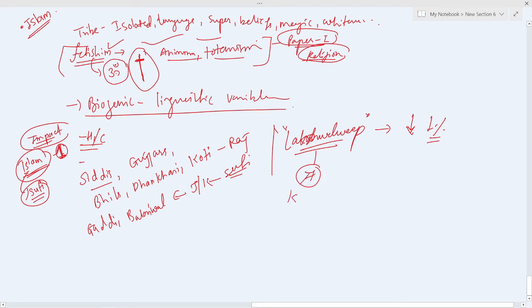For example, Koya, Malmi, Thakru, etc. And the matrilineal tribes have converted into patrilineal tribes. Patrilineal structure and male authority have increased.